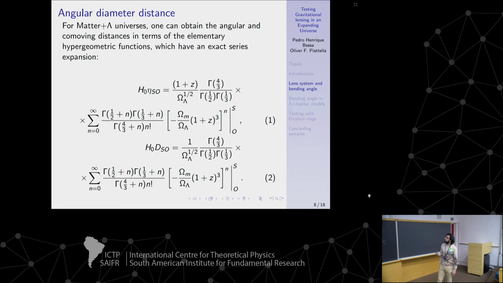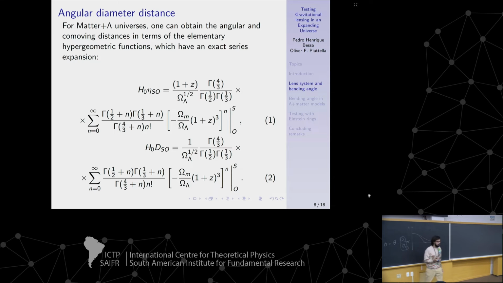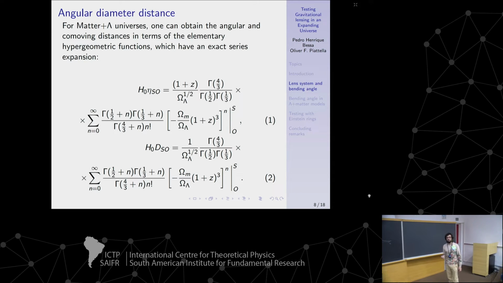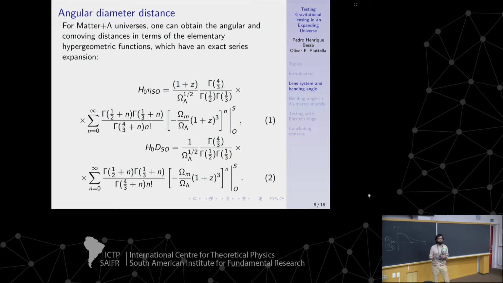However, far from the lens object, that means far from where the lensing is happening, I'm trying to get an analytic form for the angular diameter distances in matter and lambda-dominated universes. So this is an expression which is analytic. This is not a Taylor expansion. This is an exact function.